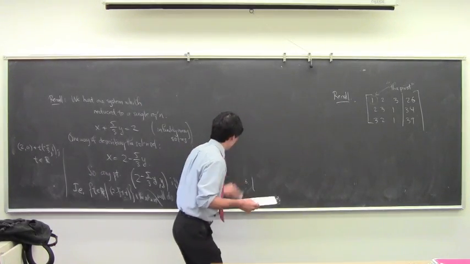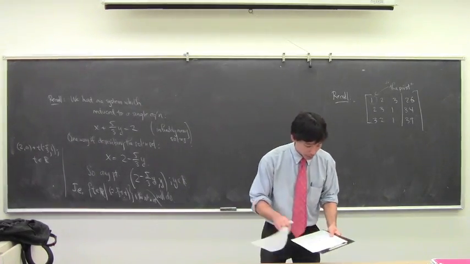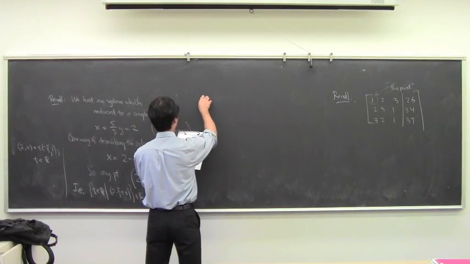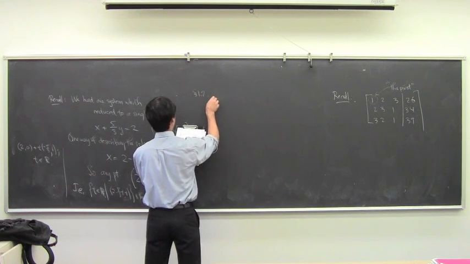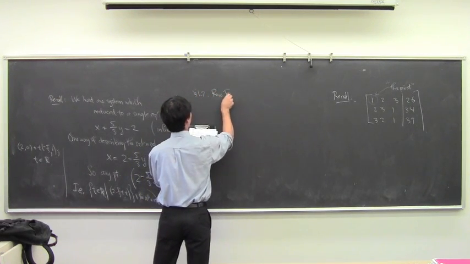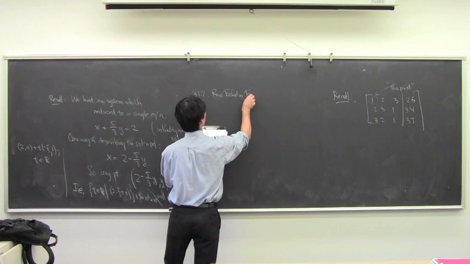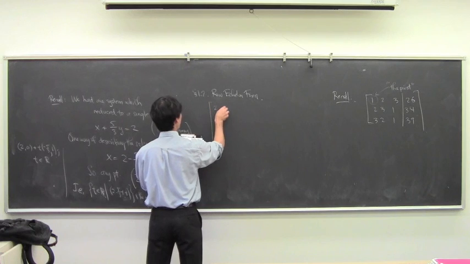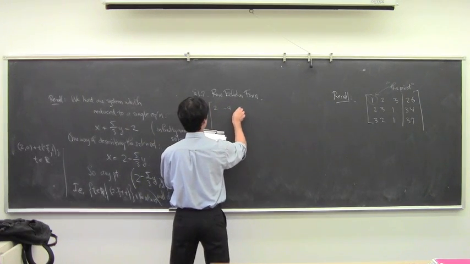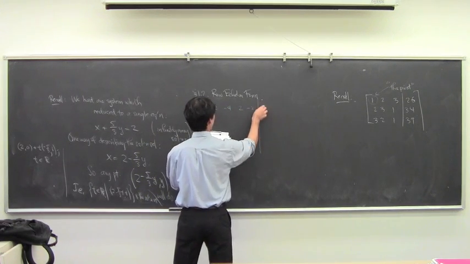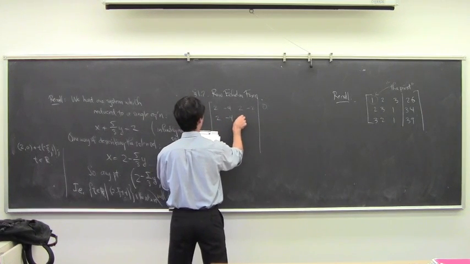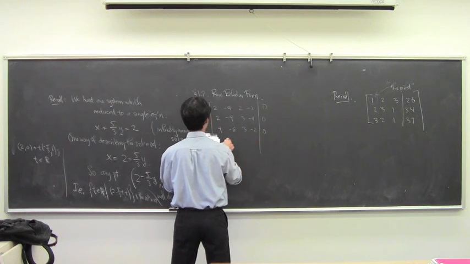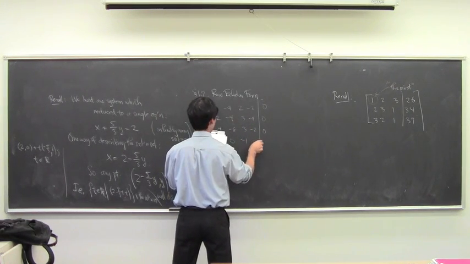Okay, so now from there, let's go to another system. We're pretty much in 1.2 now, called row echelon form. Suppose I give you this system: 2, -4, 2, -2, 0; 2, -4, 3, -4, 0; 4, -8, 3, -2, 0; 0, 0, -1, 2, 0.